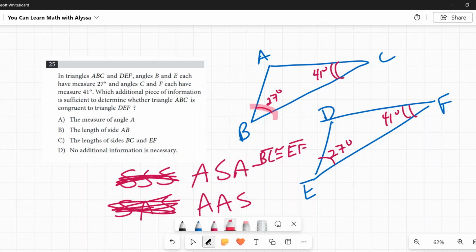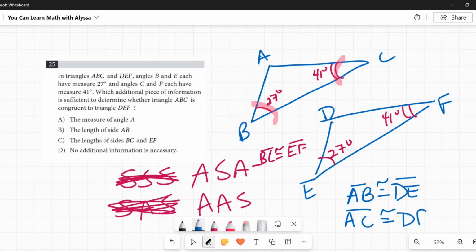So I can know that AB is congruent to DE, and that would give me angle, angle, side, or that AC is congruent to DF, and that would give me angle, angle, side. So any of these we could do.